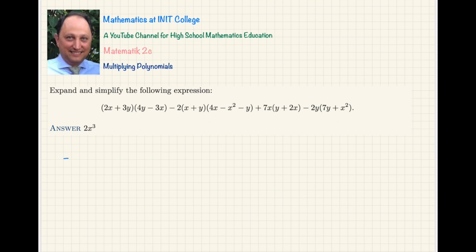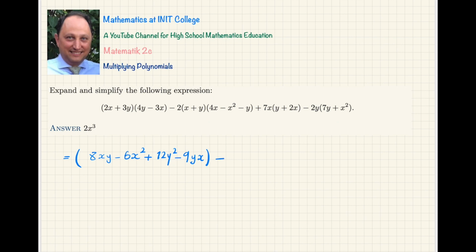So here I open a pair of brackets, I take this one multiplied here and there, and then after that I take this one multiplied here and there. So the answer would be 8xy minus 6x squared plus 12y squared minus 9yx.